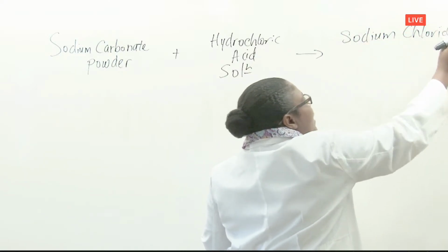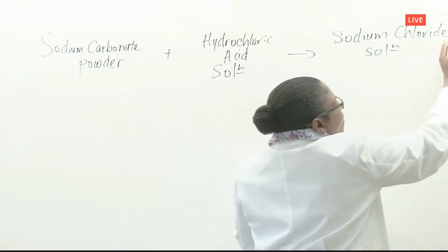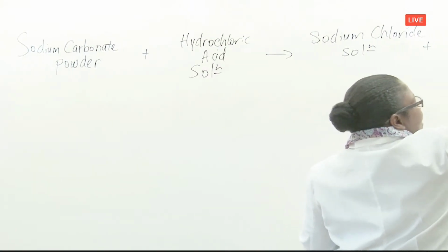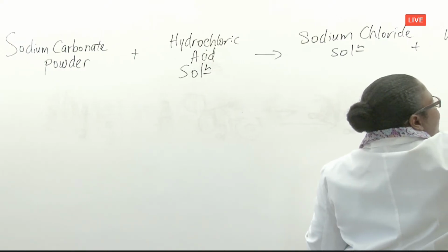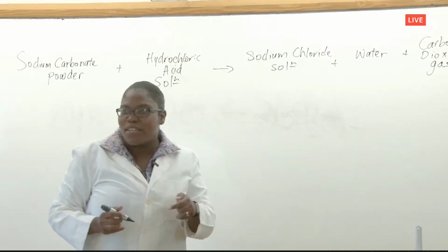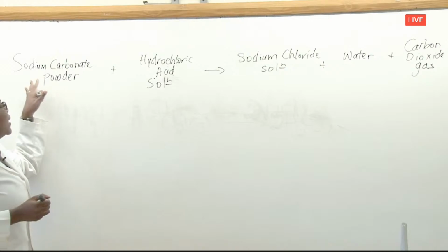Well, we're using all this board today. And that was solution, water, and carbon dioxide gas. Yeah, we're using all the board. Take that in. Good. So let's go quickly.